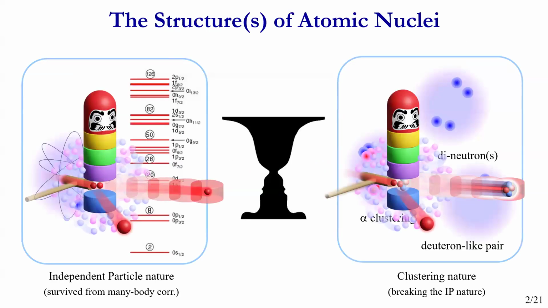Okay, so far I explained the nucleon knockout. And let me go back to the second slide. On the right, I mentioned that if we would like to see the cluster structure, we should knock out clusters. So alpha knockout is the first example of the cluster knockout studies.